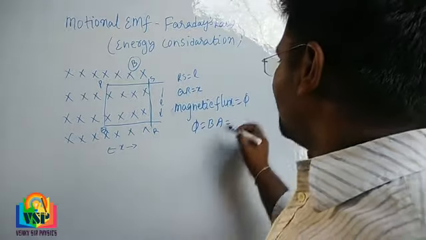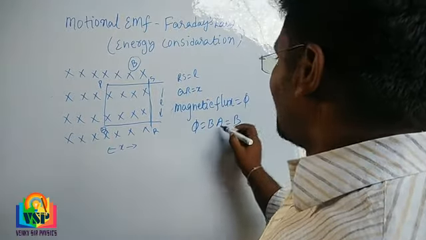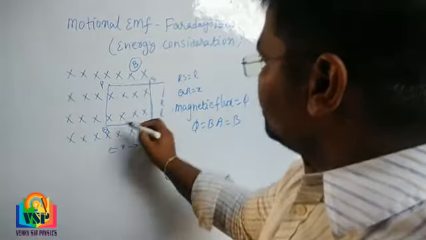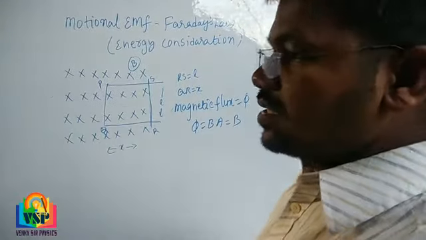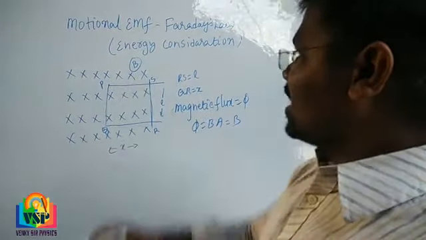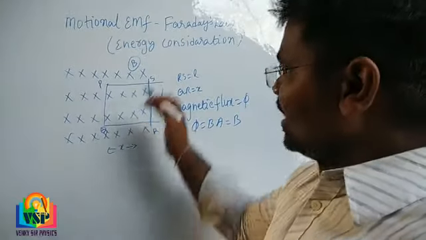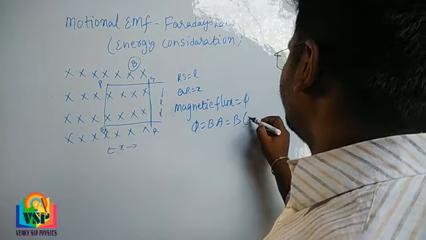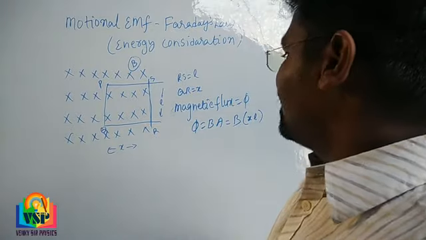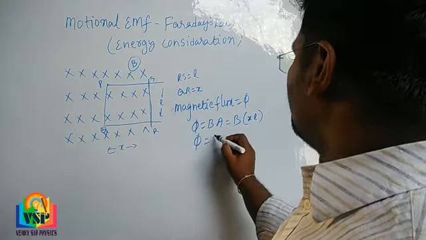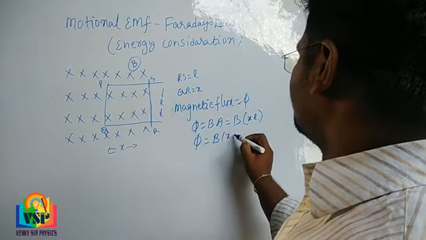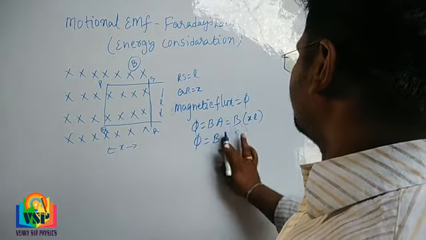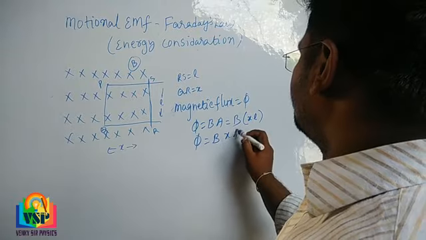The area of PQRS, which is a rectangle, is length into breadth, that is x into L. So phi is equal to B into x into L.